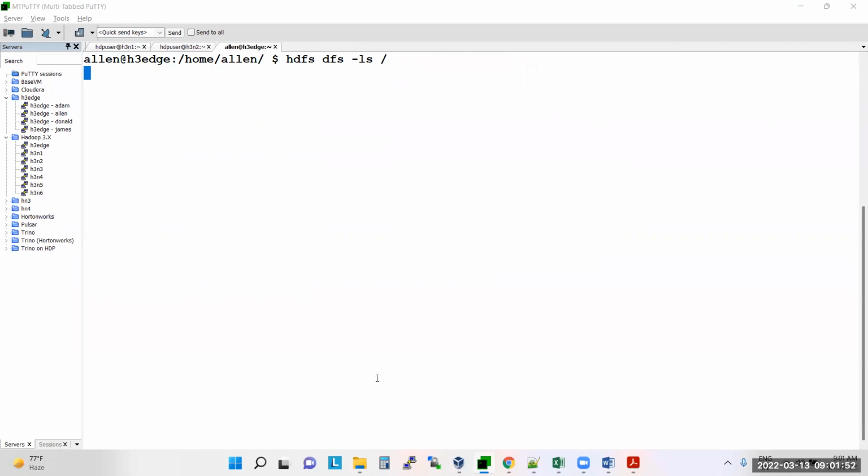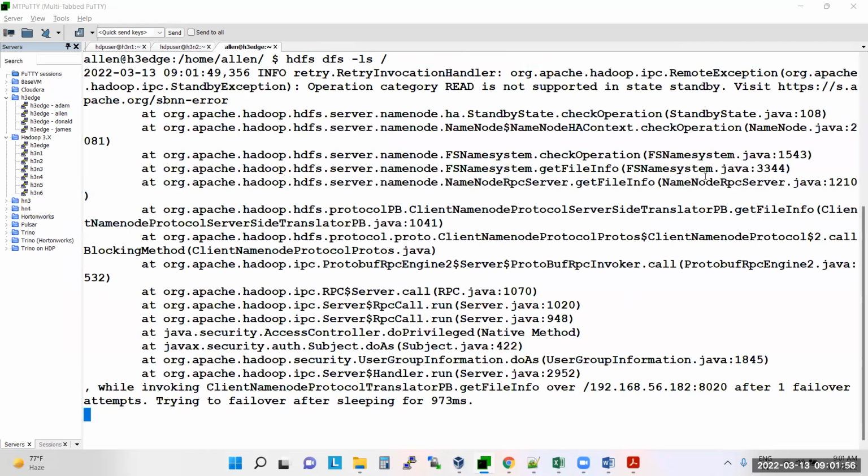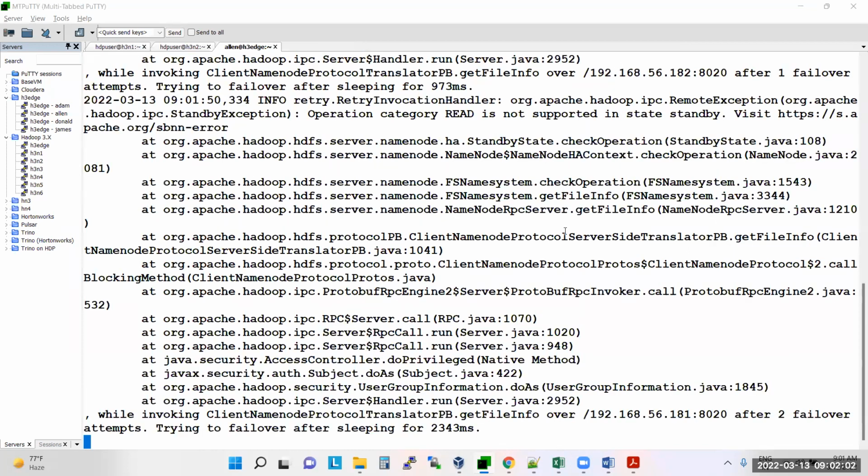It will not execute, sir. No, it is checking first. It checked with 181 whether it is active or not, then it is checking with 182, then again with 181, then with 182. Like this, it keeps on checking who is active. Understand? Because it can submit a command only to the active name node. But here, both are standby only.